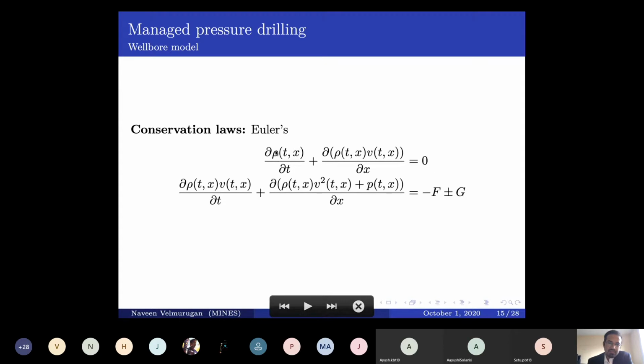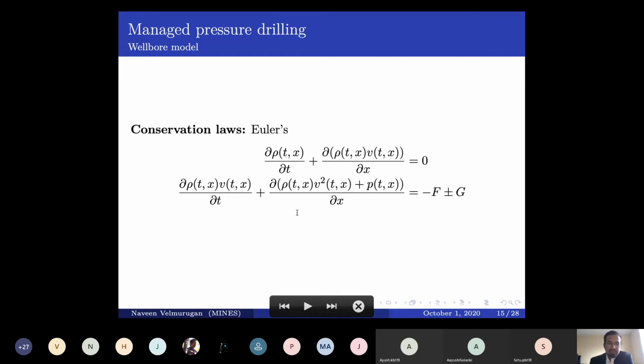Here, if you remember from the ODE system, we considered density to be constant throughout the whole control volume, but that is not the case in the distributed, because you want to see how this pressure is changing and how this liquid is being compressed because of the varying pressure that's traveling through the wellbore. So all the terms are functions of both time and the location. And here is your mass accumulation, and here is the difference between the flow.